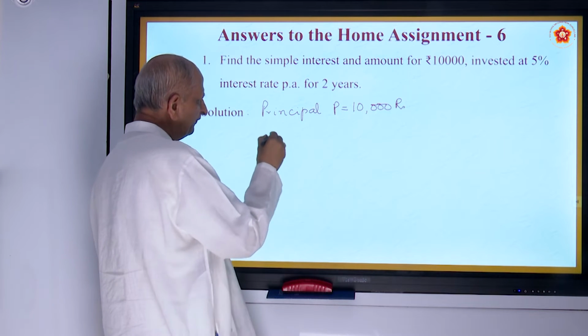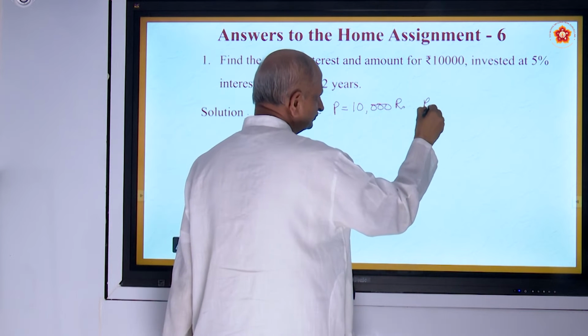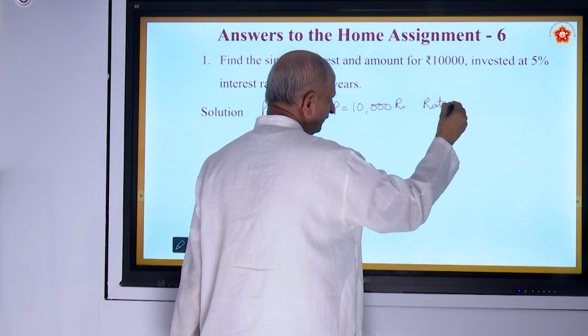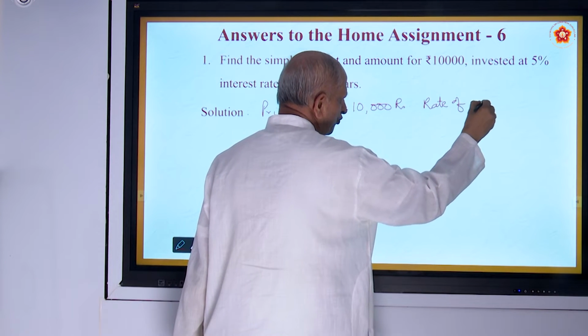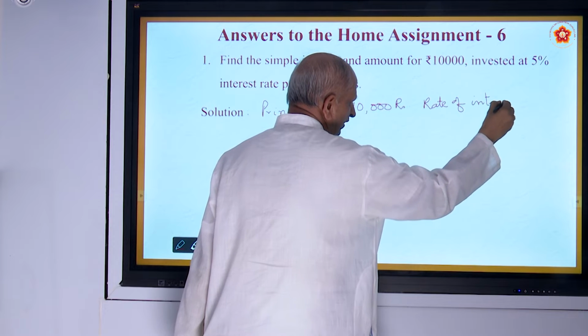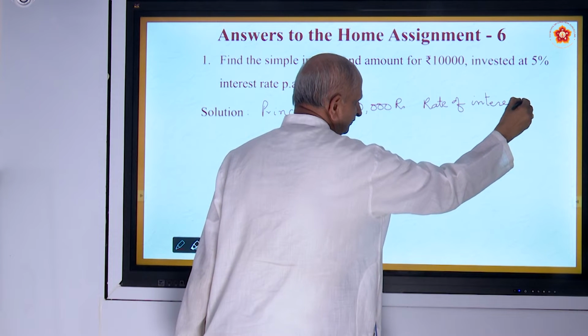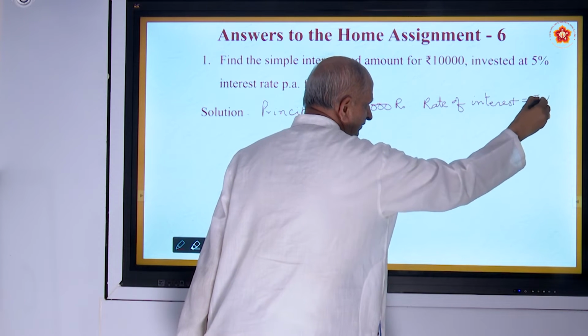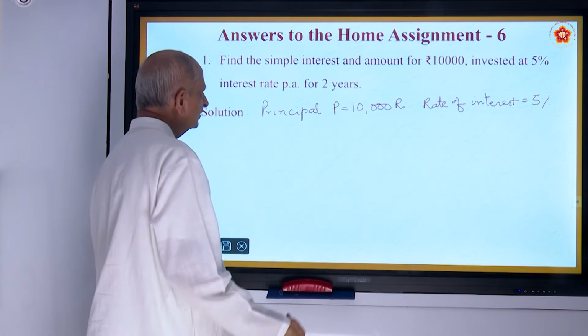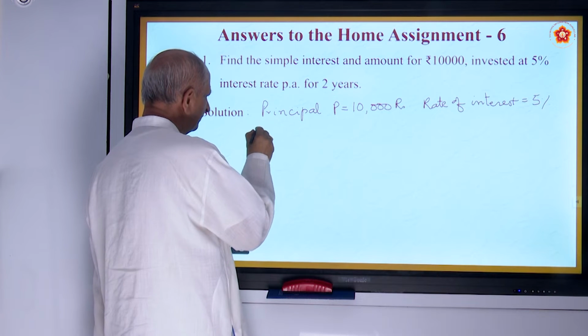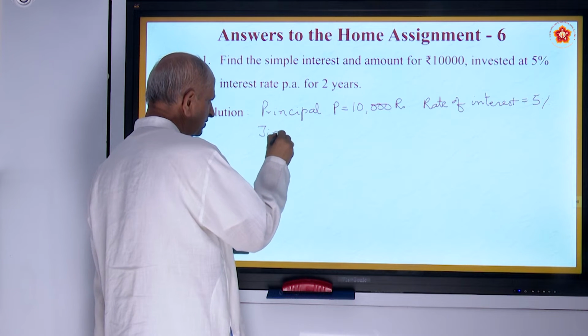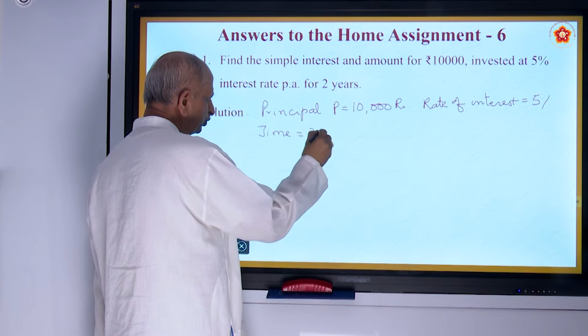And rate of interest is told in percentages. Here it is 5%. And then time, also called period, will be in years, 2 years.